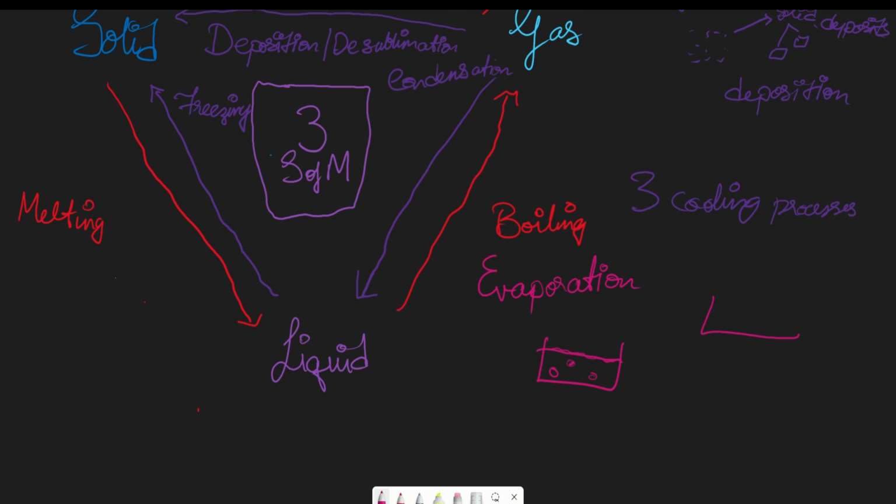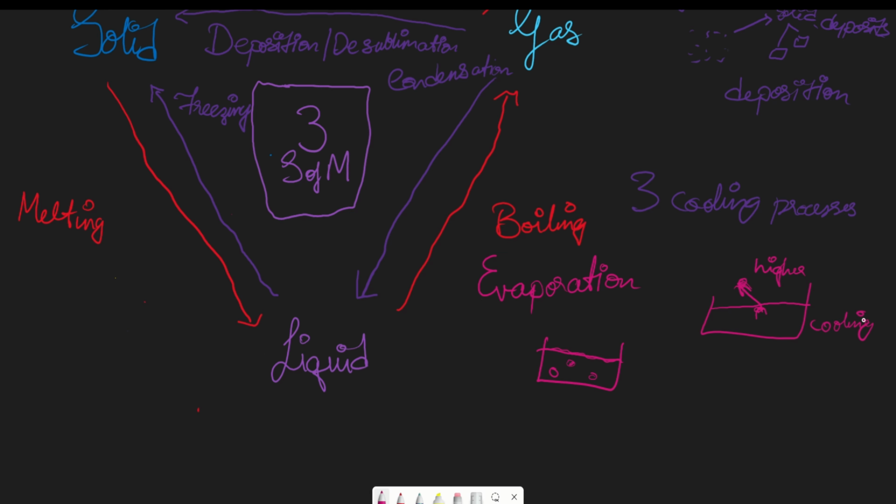In evaporation, what happens is if you have a tray of a liquid, a few relatively higher speed molecules escape and then form part of the air. Now, because they escape, this causes cooling.